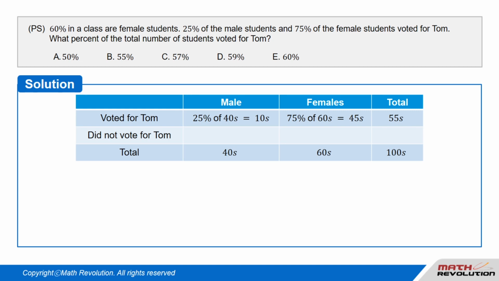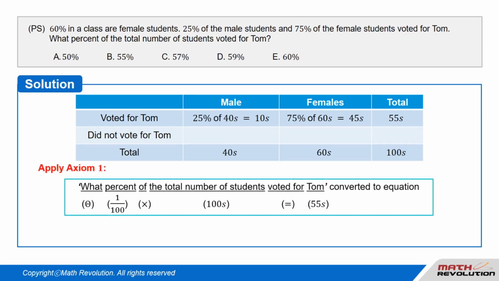Female students who voted for Tom are 75% of 60S equals 45S. Total students who voted for Tom are 55S. Total male students are 40S. Total female students are 60S. Total students are 100S.